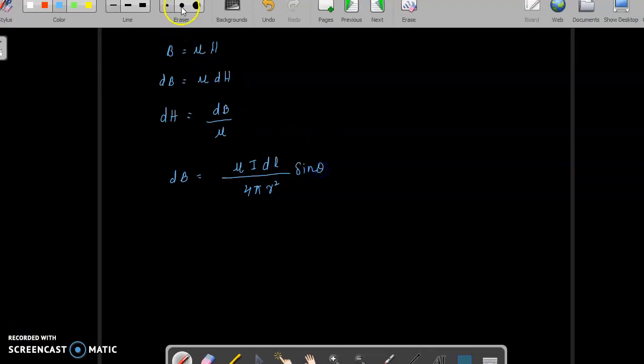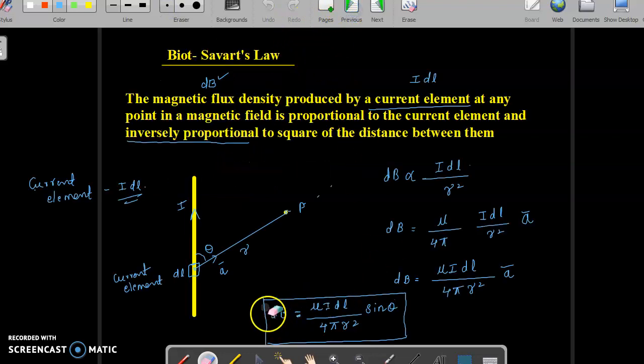If you take mu to the other side, this becomes dH. So this is the formula of dH, the magnetic field intensity, and the earlier formula represents the magnetic flux density at point P due to the current element.